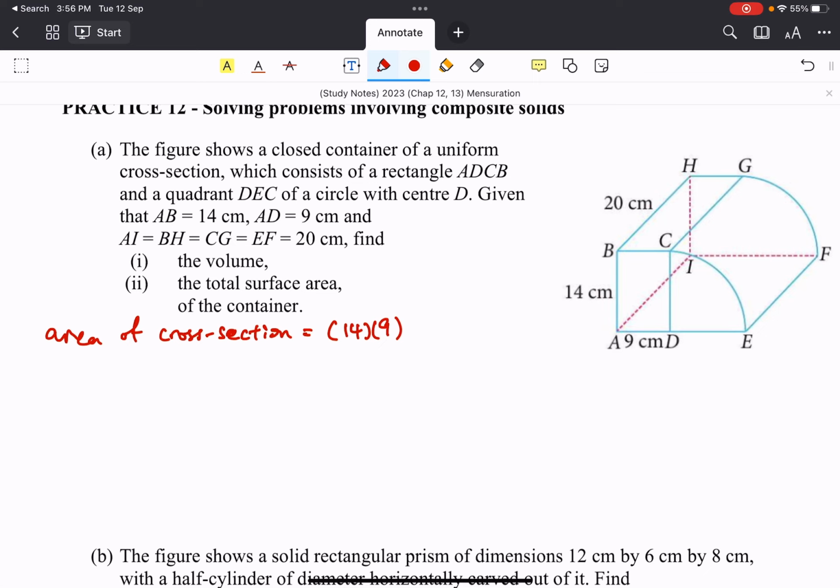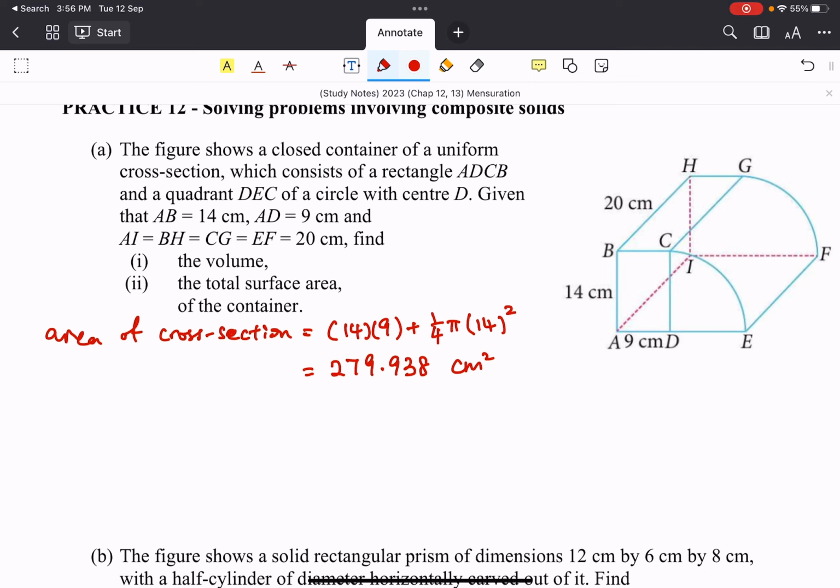And then for the quarter cylinder, it will be a quarter times pi, and the radius is 14, square. Okay, so we work this one out. The area of the cross section is 279.938 centimeter square.